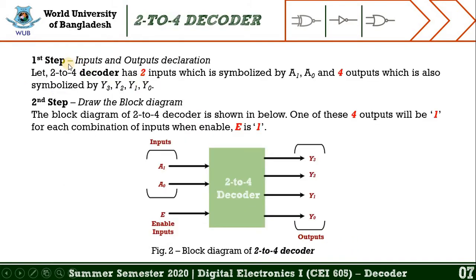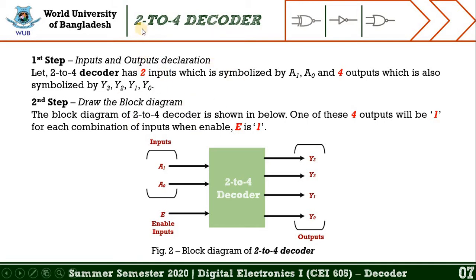From this slide, we may learn how to design a 2 to 4 decoder. We have already learned from the previous lecture about the 4 to 2 encoder, and we got information about the difference between encoder and decoder.